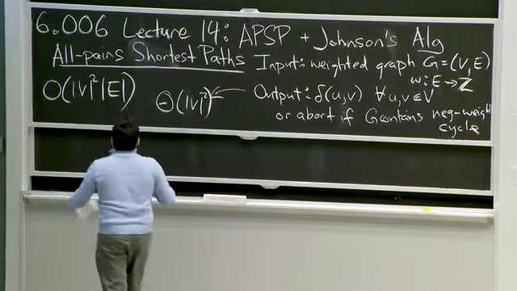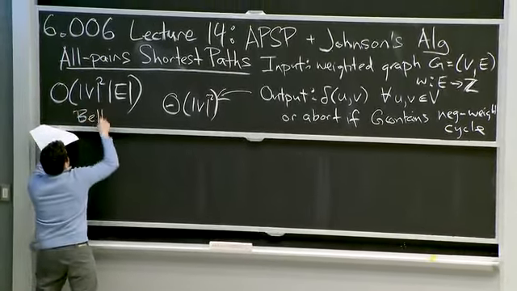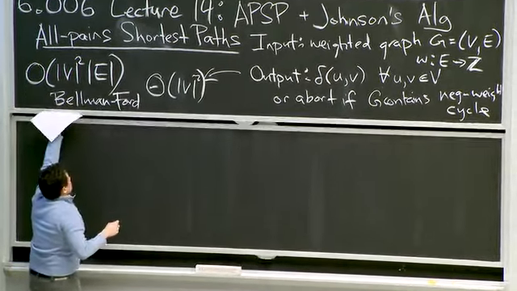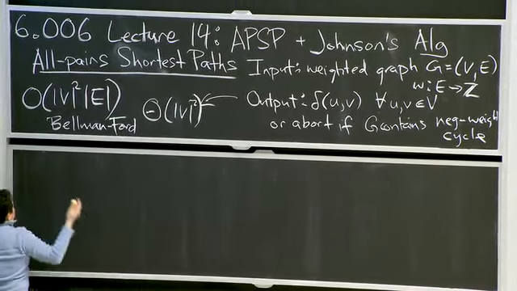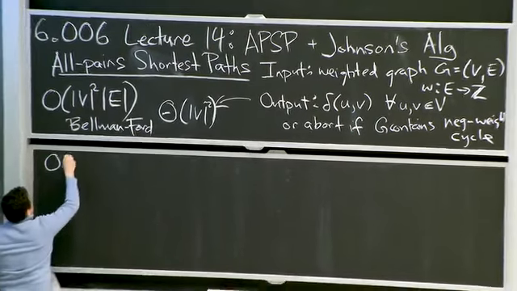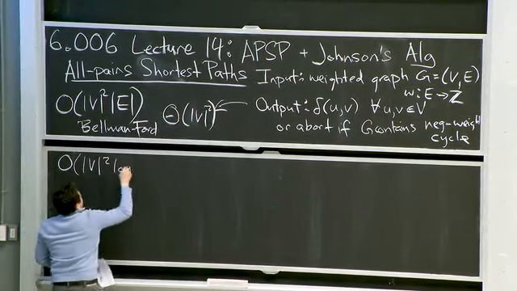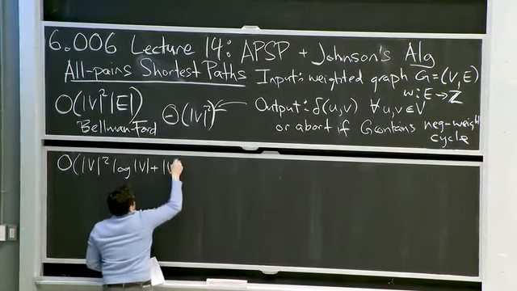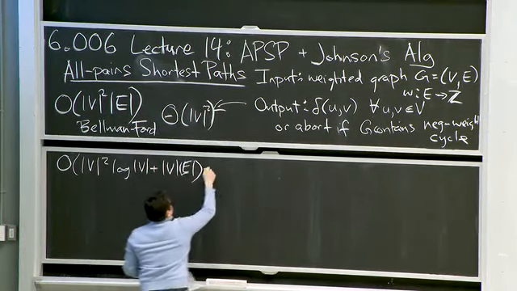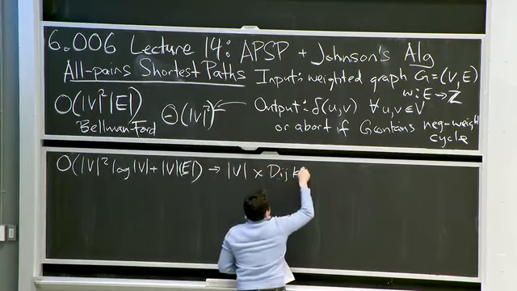In sparse graphs, this is what Bellman-Ford would give us. But if we had Dijkstra's, for example, if we had all non-negative edge weights, we could get V squared log V plus V E time. This is V times Dijkstra.